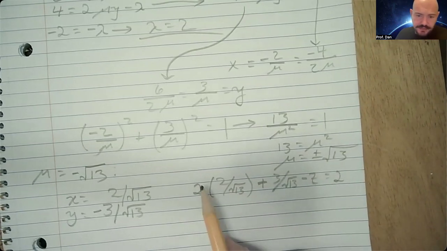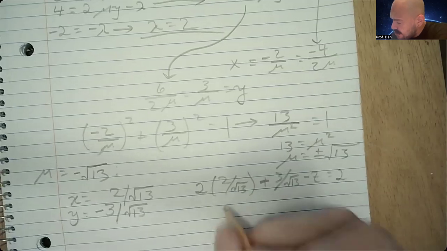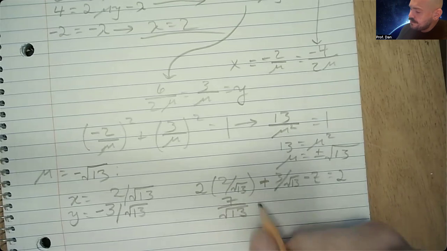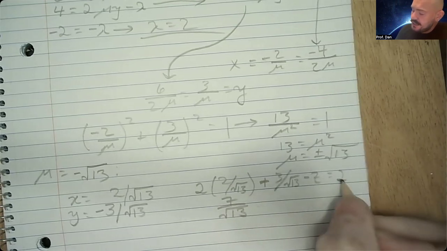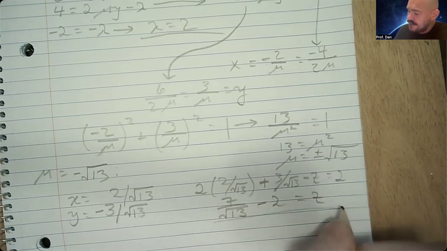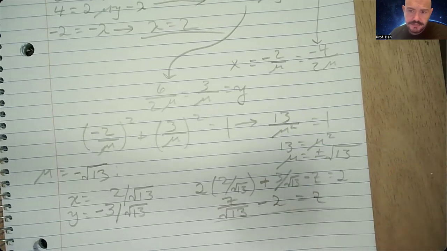So that's going to be 4 over root 13 plus 3 over root 13, which gives me 7 over the square root of 13. I can add the z, I can subtract the 2, and I have this value for my z, which I could write as one single fraction, but I don't have to.